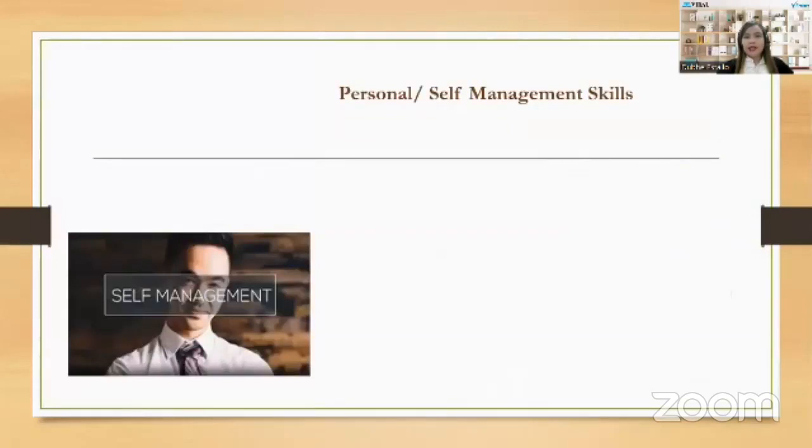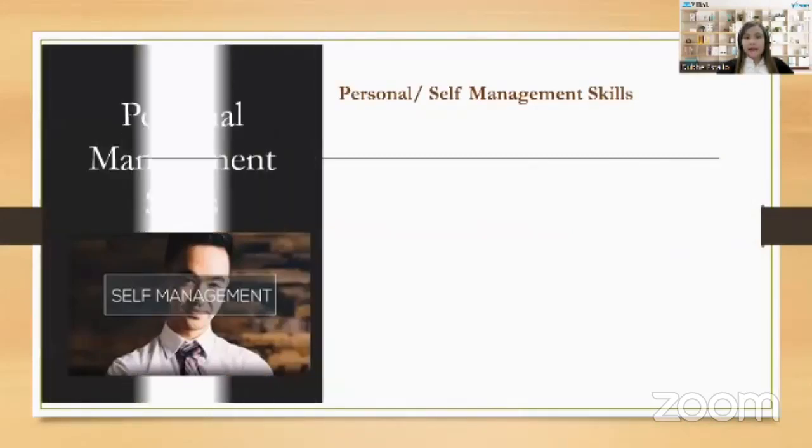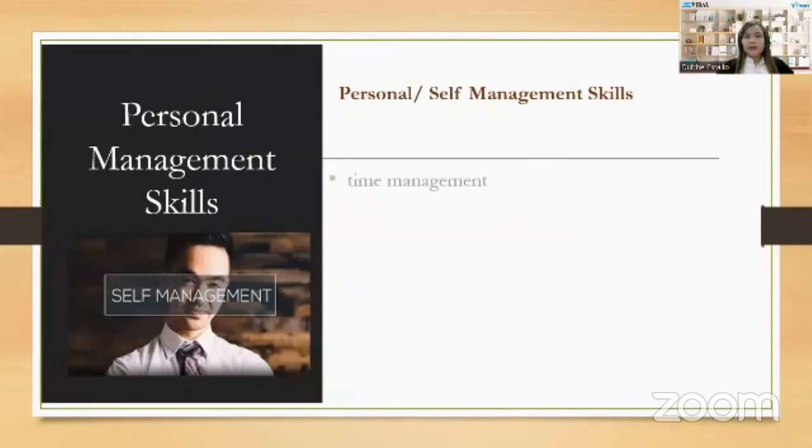Now, personal and self management skills have to be taught to our students so that they would be able to manage themselves well and succeed in life. These personal or self-management skills include time management, which is very essential not only in school but even more essential in real life.